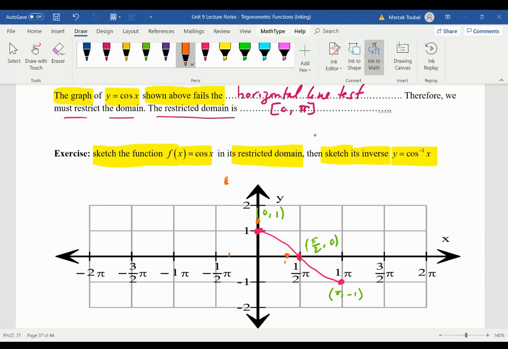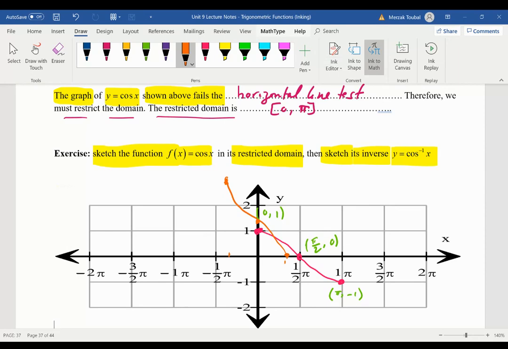So the inverse curve will be this one here. It's not a perfect graph, but that's the approximate curve, and that's the inverse.